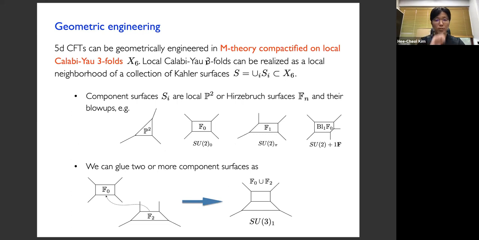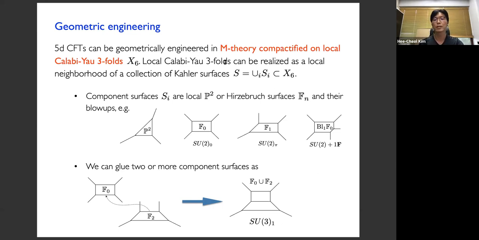So let me explain the geometric counterpart of this field theory. 5D superconformal field theories can be geometrically engineered in M-theory compactified on a local Calabi-Yau threefold. And the low energy physics of the field theory is basically determined by the geometric properties of this internal Calabi-Yau threefold.